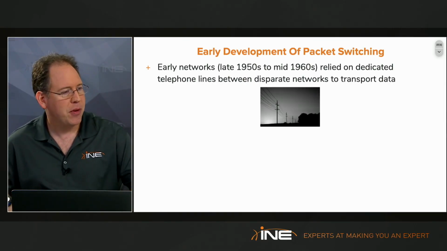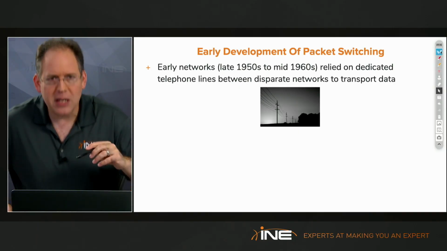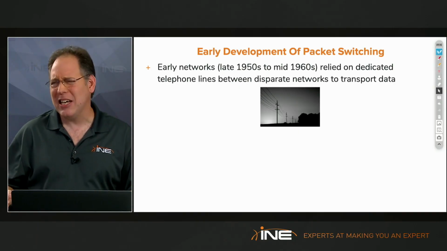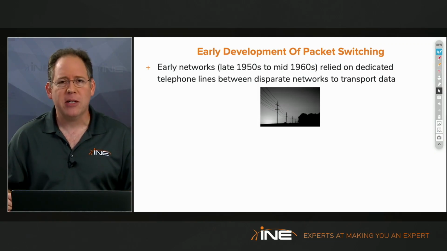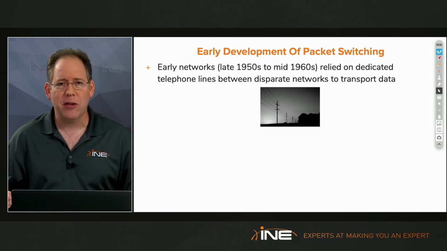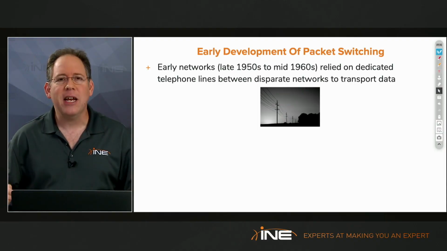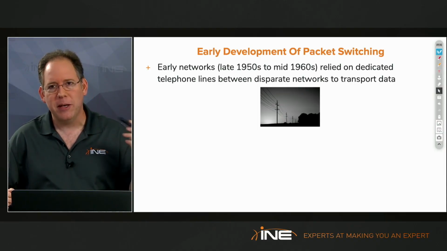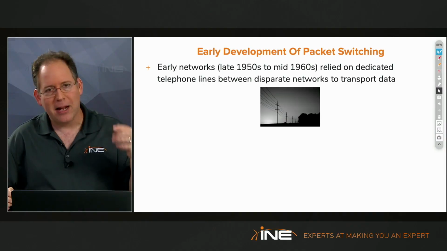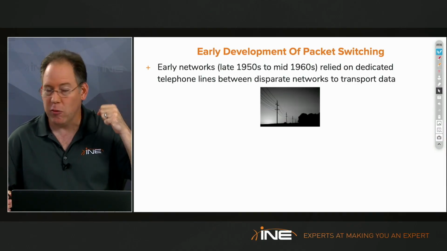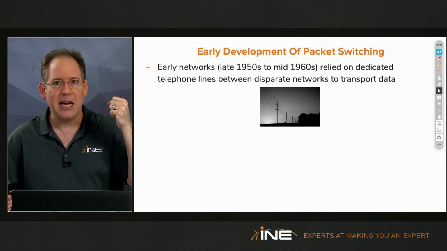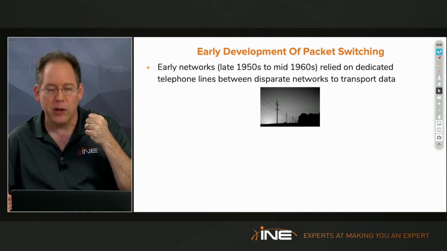What does that mean? From the earliest days when Alexander Graham Bell invented the telephone network and people started stringing up telephone wires throughout the country and the world, initially those wires were used to transmit electrical energy that carried your voice. You would pick up the handset and speak into it.